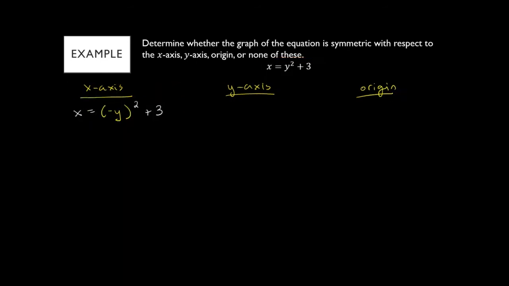But just knowing that any even exponent with a negative, the negative disappears, we know that this is going to be x equals y squared plus 3, because that even exponent just cancels out that negative. And so now we have the same equation that we originally started with. So this would be a yes, because we got the same equation. In this case, we have x-axis symmetry.